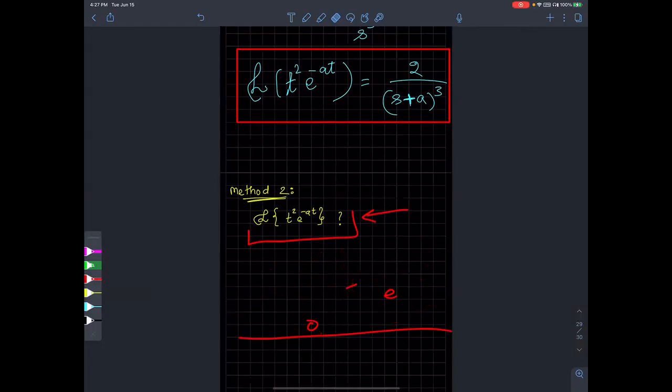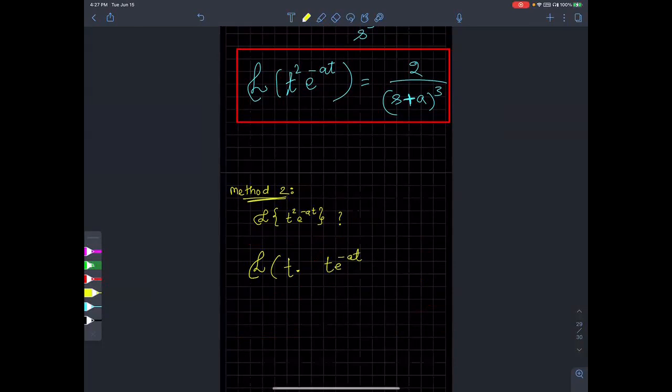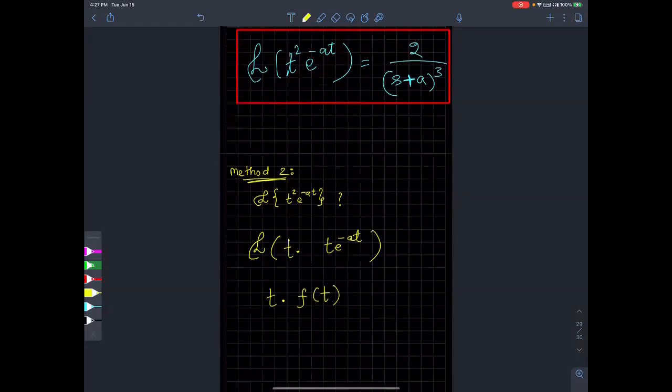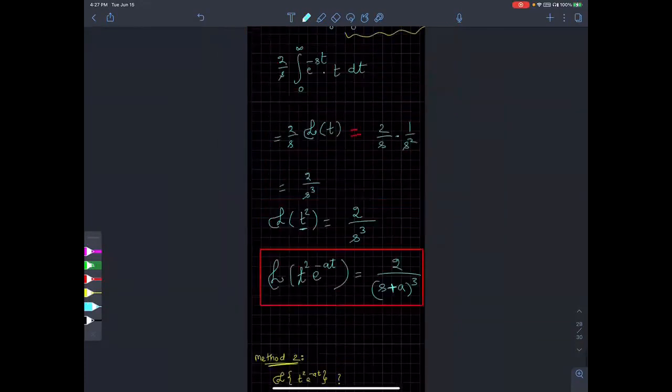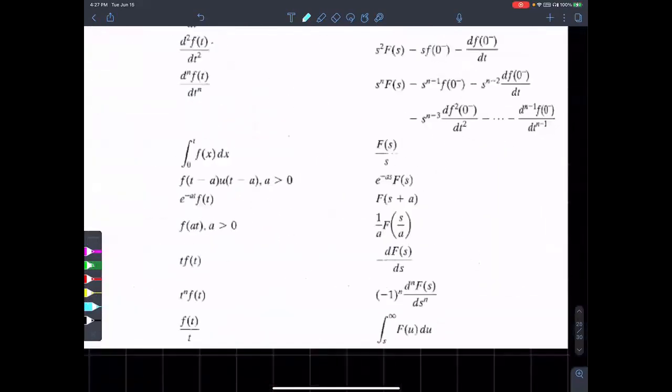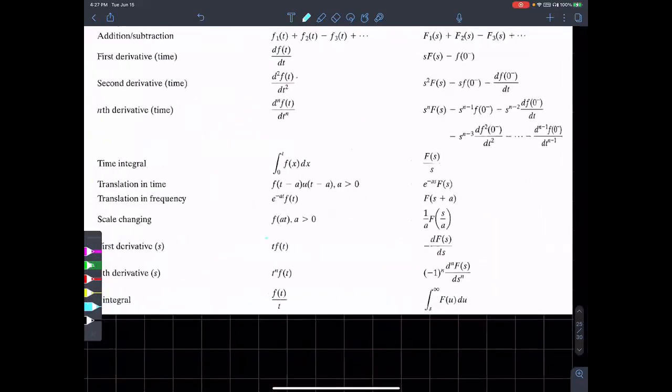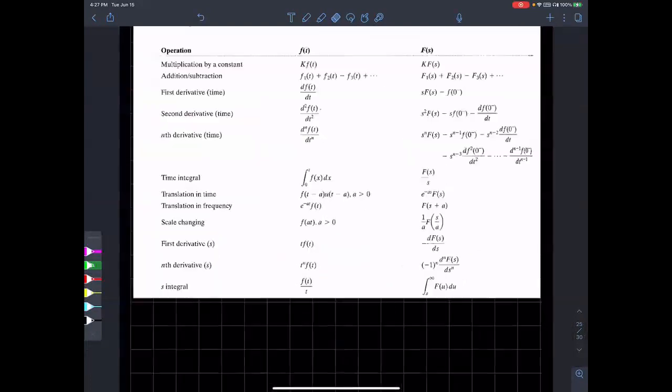Here, what I'm going to do is write this as the Laplace transform of t times t e to the minus at. Then I have t times f of t form, because this is known. For t times f of t, you'll see that it is negative d by ds of F of s.